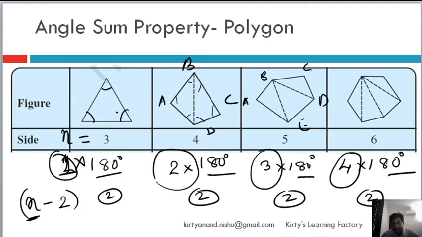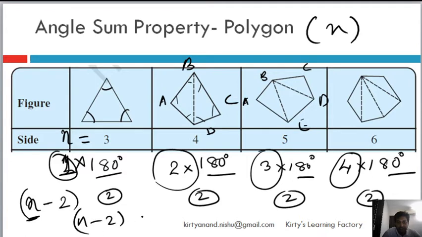Therefore the sum of internal angles of any polygon with n sides will be (n minus 2) into 180 degrees. That is my formula, and that's how simply I created it, just by observing the trend of four different polygons. You can also draw a 7-sided polygon, I don't know what it's called, a heptagon or something like that, or an octagon, and do it for an 8-sided polygon as well.